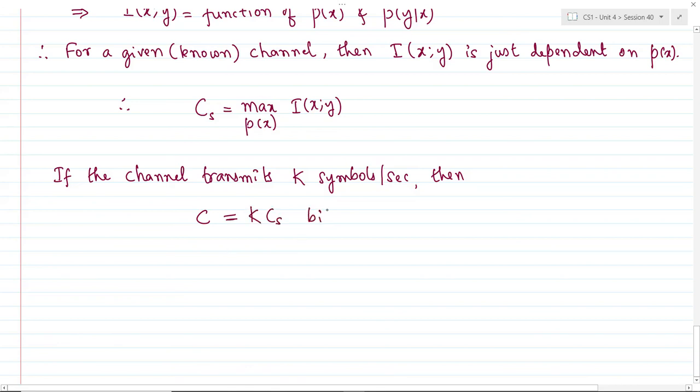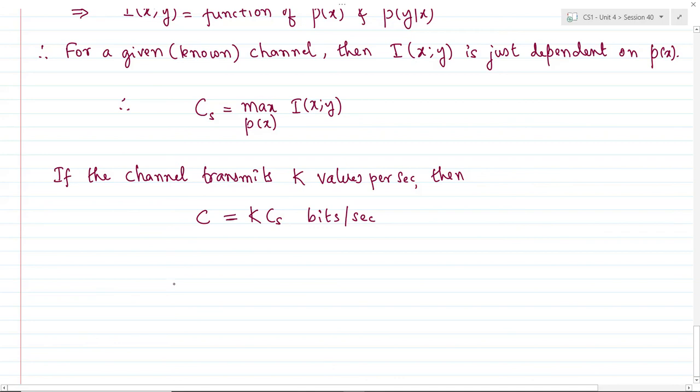Actually, I cannot say k symbols, I can say k values per second in other words, because it's not a discrete memoryless channel. Now I cannot say k amount of symbols, I can say k values. It's a continuous range of values. I can say k values per second. Okay, then I can write C as k times CS bits per second.